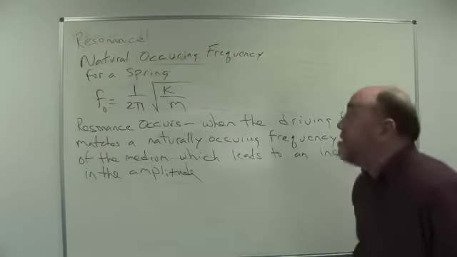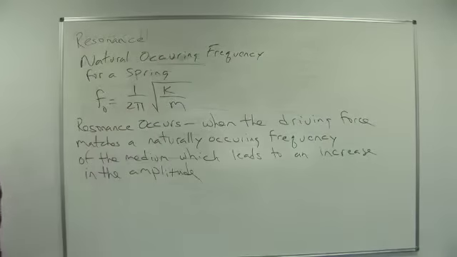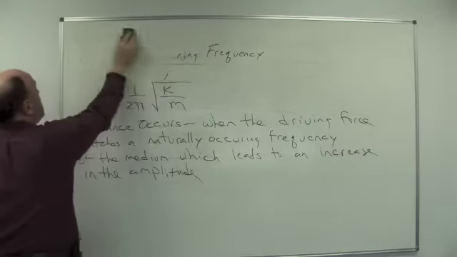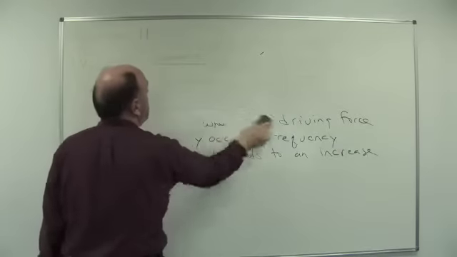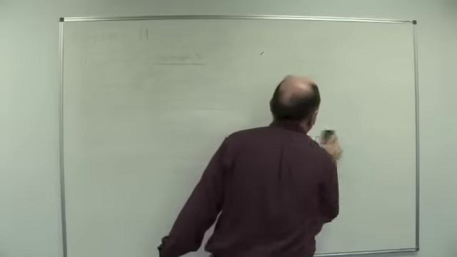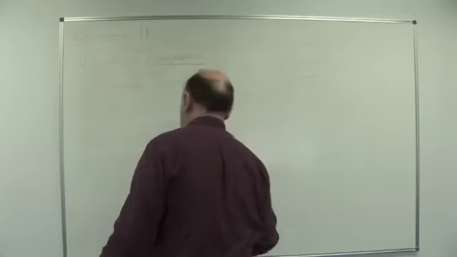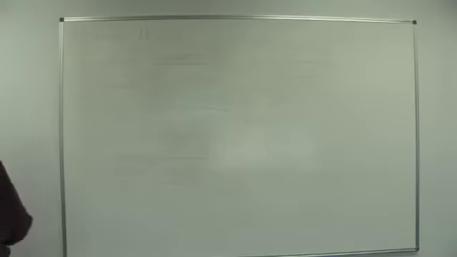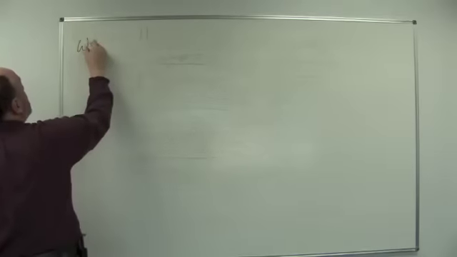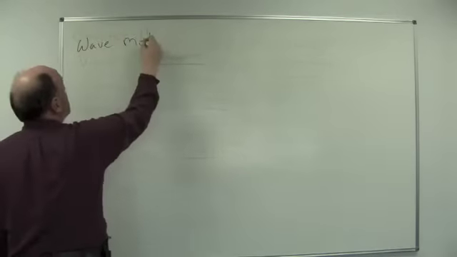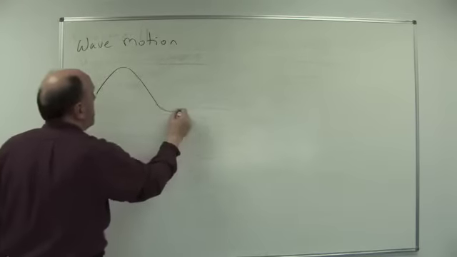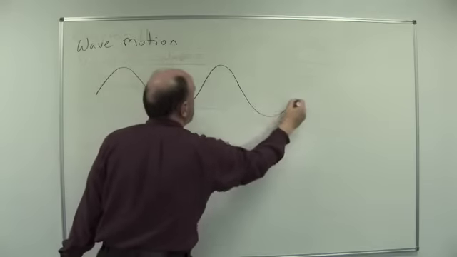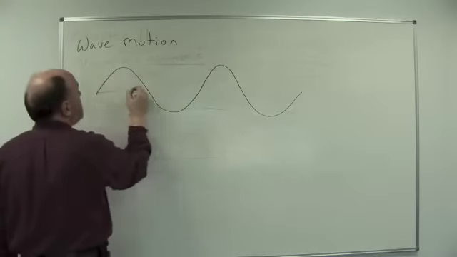So, in terms of wave motion, we again look in terms of our representation of a wave being that nice sine curve. If I look at my sine wave, here's my baseline.